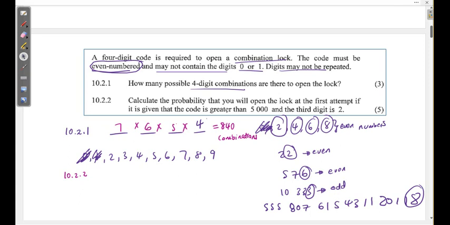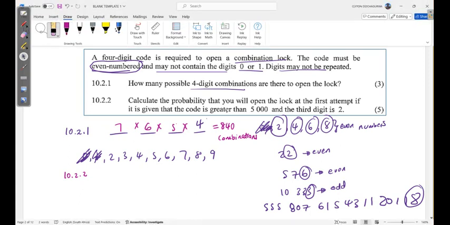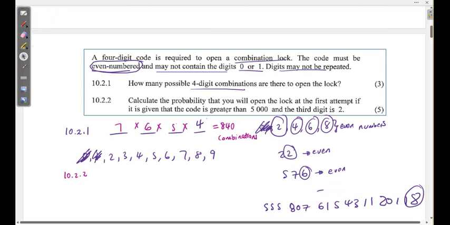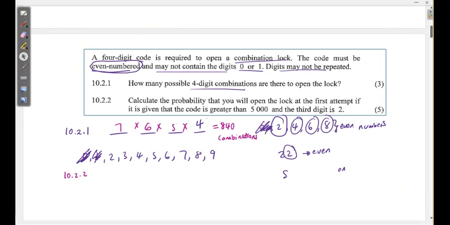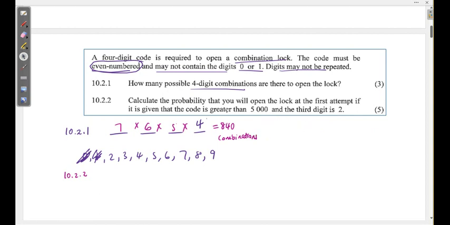Let me see if I'm able to perhaps erase these parts here that we already worked on. So for 10.2.2, it says calculate the probability that you will open the lock at the first attempt if it is given that the code is greater than 5,000 and the third digit is 2. Very interesting question there.